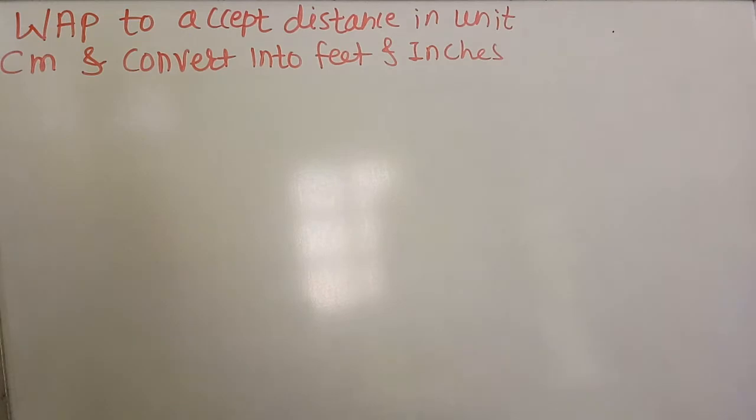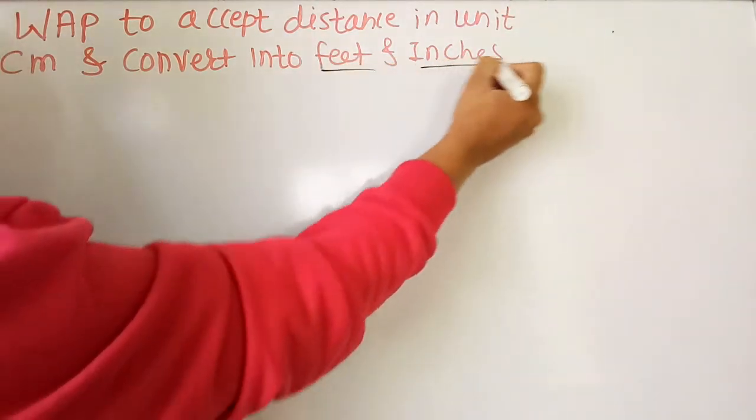Now we will take another example to solve a program. That is, we have to accept a distance in centimeters and convert it into feet and inches. Means we have to accept one variable for accepting a distance in centimeters and we have to convert it into feet and inches.